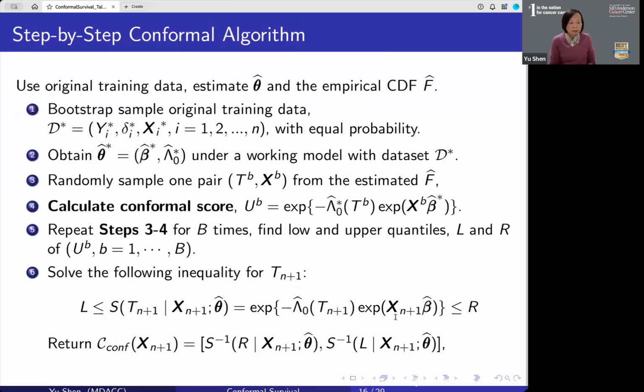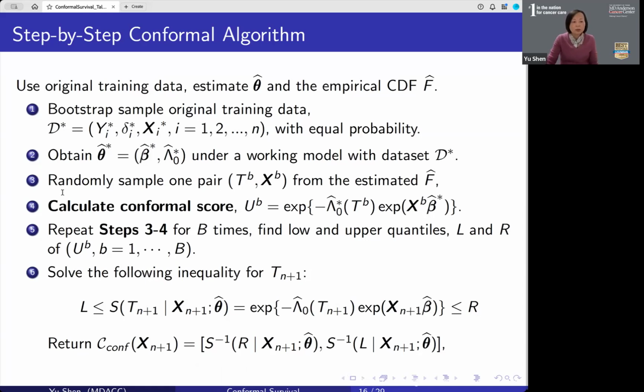Okay, here is a step-by-step algorithm. We use the original training data from the last page. We estimate theta hat, and we also estimate this empirical cumulative distribution function F hat. And then to introduce another layer of variability, we bootstrap sample from the original training data with equal probability and estimate another set of theta hat star on the same working model.